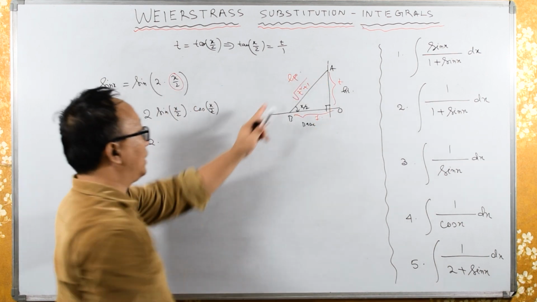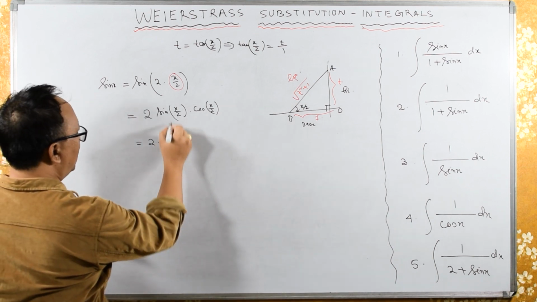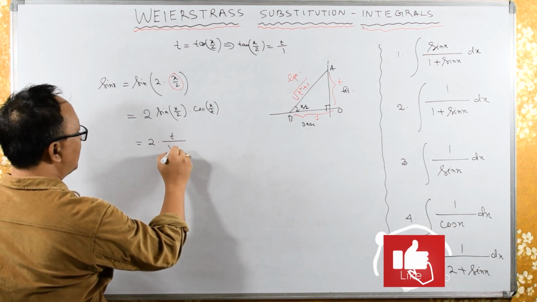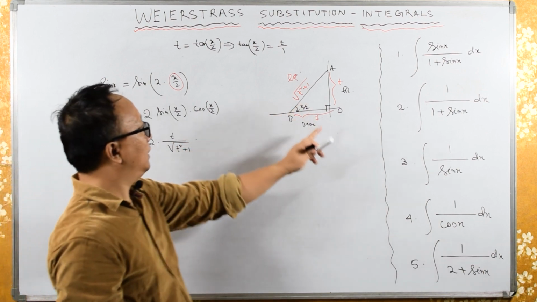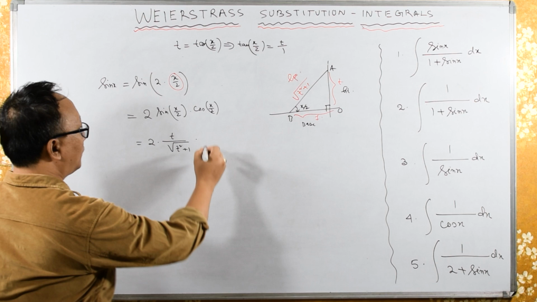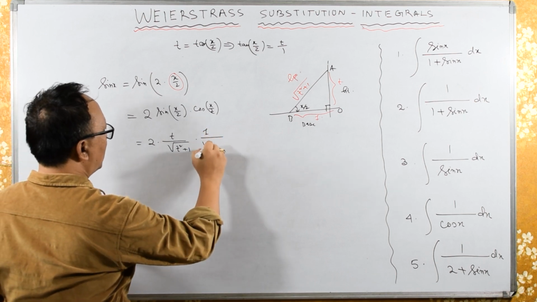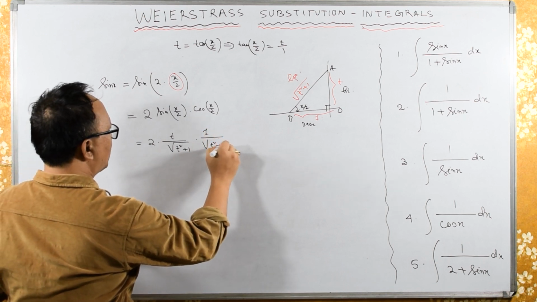Therefore, sin of x by 2 is t upon the square root of t square plus 1, into cos of x by 2, which is base upon hypotenuse, 1 upon the square root of t square plus 1.